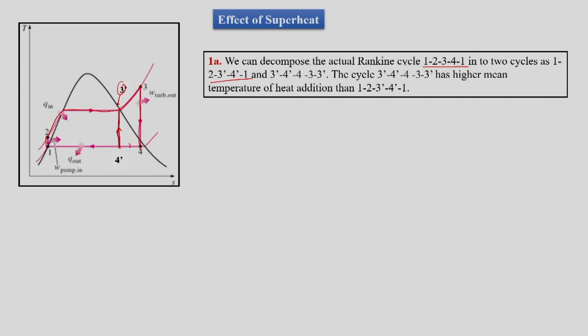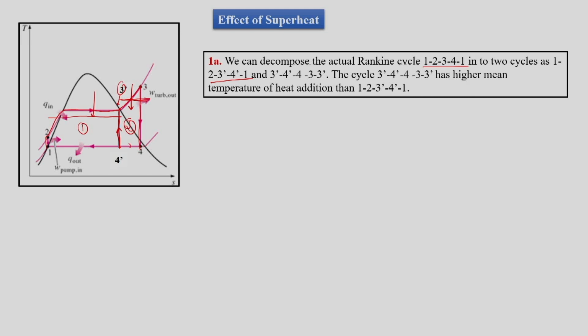So here we have a certain mean temperature of heat addition for cycle 1. Then this is cycle 2, which has a mean temperature of heat addition somewhere here. Here we are adding heat in this cycle, and here we are adding heat in that cycle. For cycle 1, the mean temperature of heat addition is close to the dry saturation temperature, and here it is more than the dry saturation temperature.